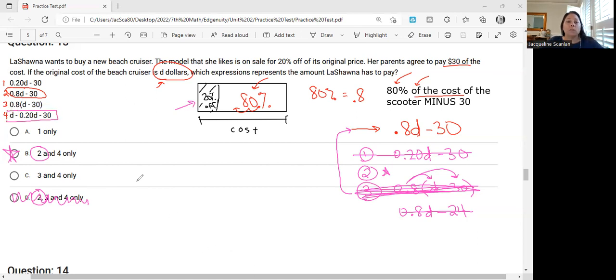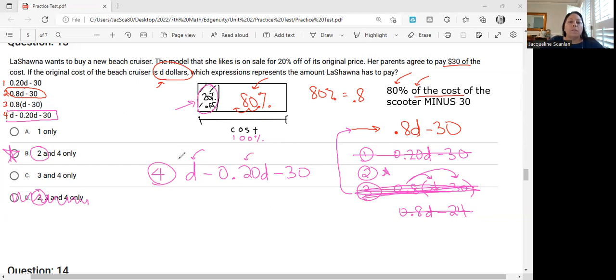Okay, so answer choice number 4, I'm going to write it over here. It says D minus 0.20D minus 30. All right, what this is doing right here, guys, it's taking this 100% of the cost, which we are calling D, that's this, and it's subtracting this 20% that she doesn't need to pay right here.